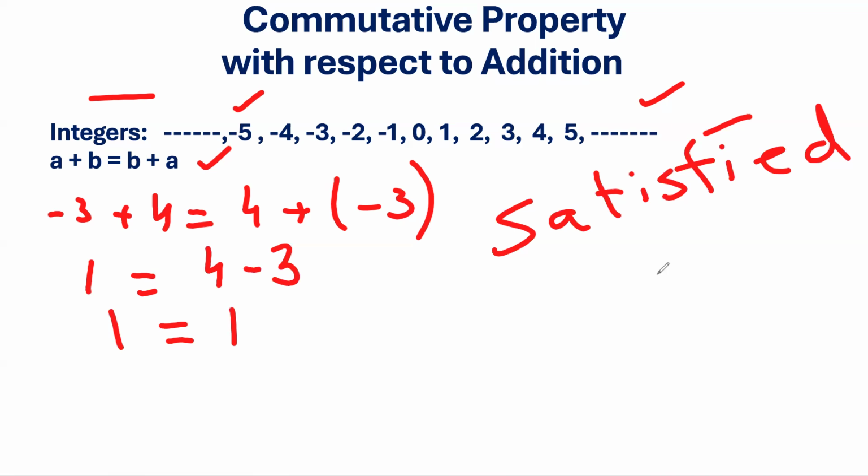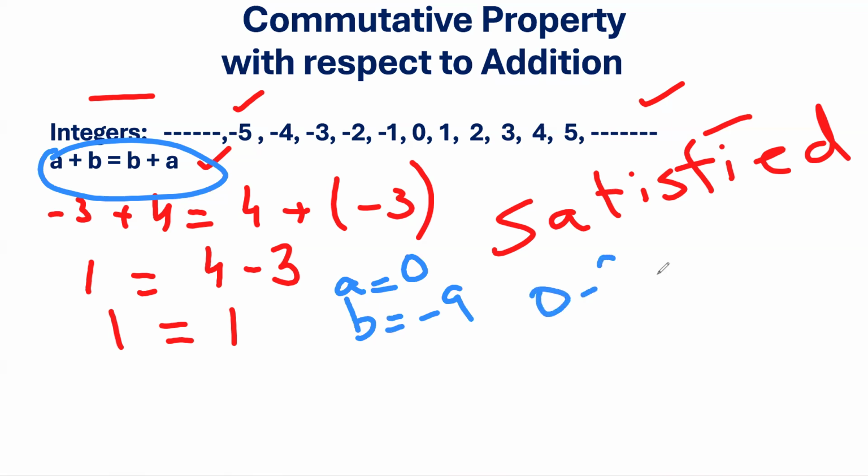Let's take another example of integers. Now you can take a is equal to 0, and b is equal to -9. Substitute here, a plus b is equal to b plus a. So we are substituting a plus b. 0 minus 9 is equal to b plus a. b is -9.